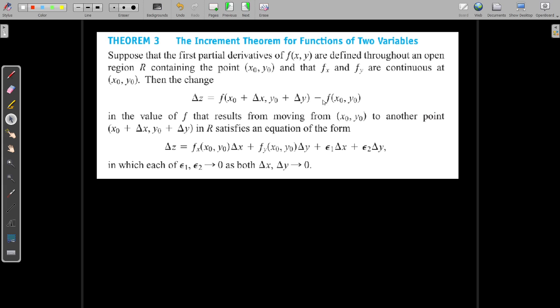This is the change in the function z, the value of f that results from moving from x0 y0 to another nearest point x0 plus delta x comma y0 plus delta y in R, satisfying the equation delta z equal to this expression, in which each of this epsilon 1 and epsilon 2 tends to 0 as both delta x and delta y tend to 0.